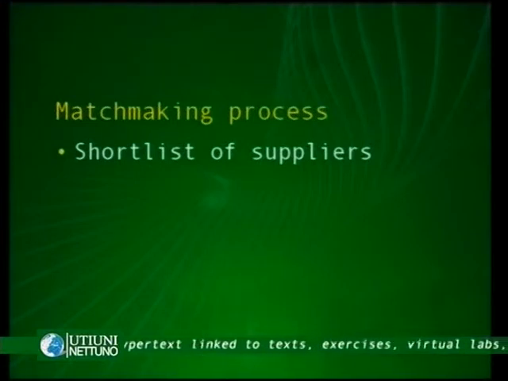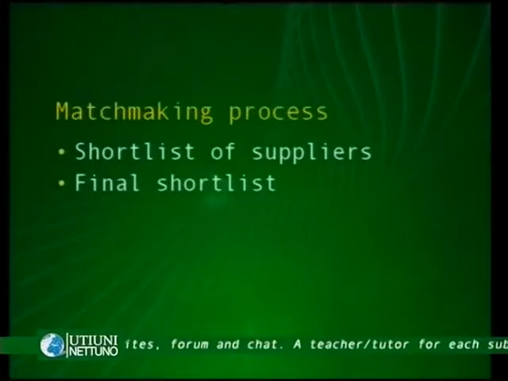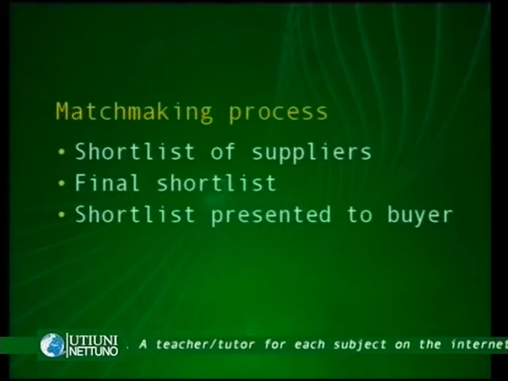Then there's a heading, the matchmaking process. In other words, now we look into engagements between the buyers and the suppliers. Is there a short list of suppliers? Has a shortlist already been derived? Is there a final shortlist? Has the shortlist been presented to the buyer?